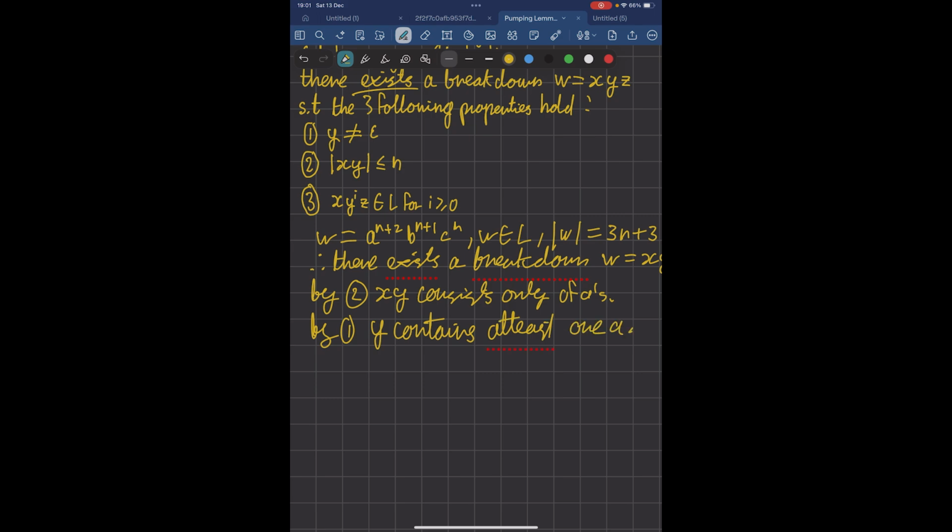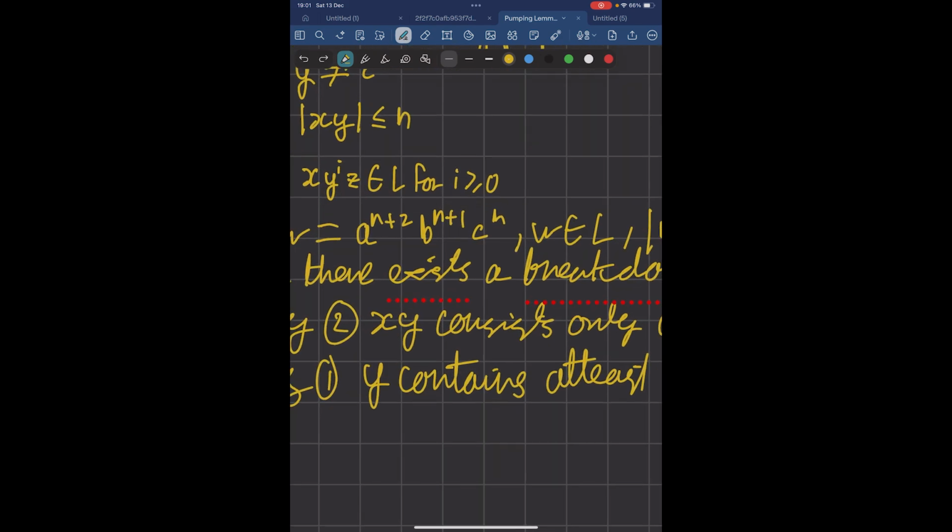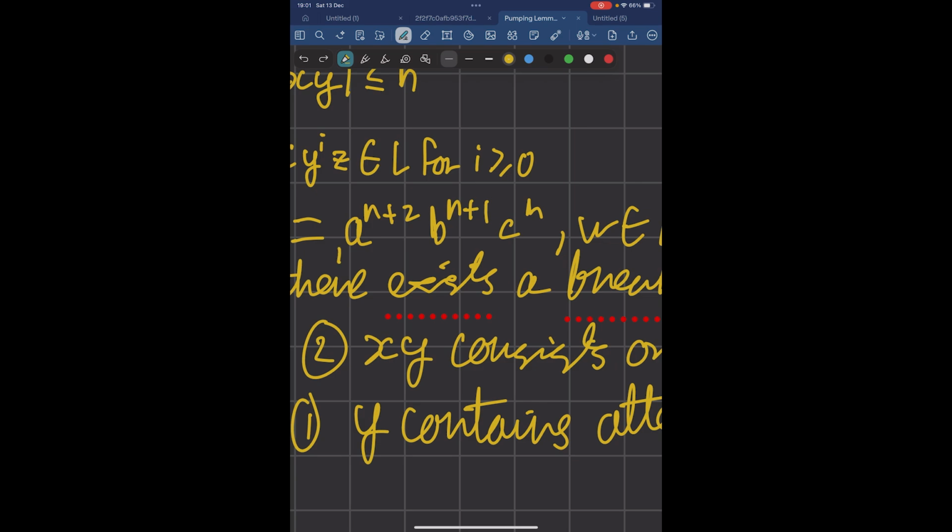And so by pumping up, we would be adding a's, which doesn't help us. But by pumping down, we would be removing y, which contains at least one a. So we would be removing at least one a from this portion of the string.